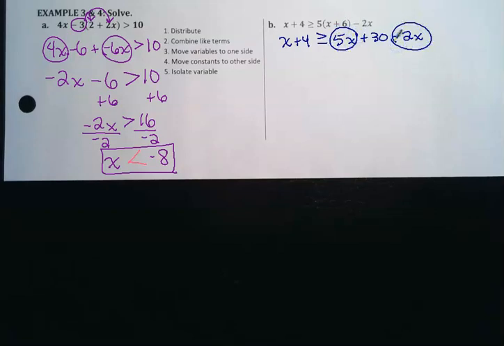Good, which is 3x plus 30, and then you're greater than or equal to x plus 4. Now we have a variable on both sides, right? We have an x here and an x here.